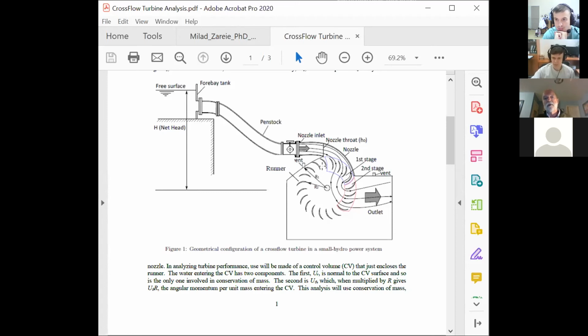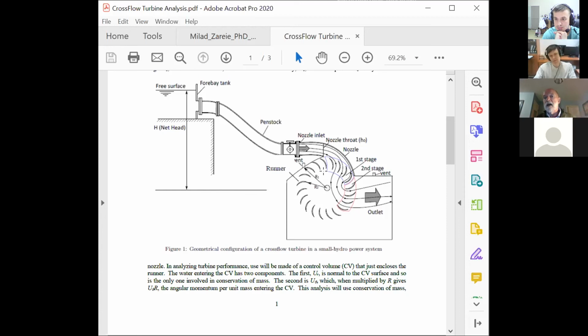Now, this is probably my favorite type of hydro turbine. And the reason that I like it is that it is a very simple turbine to build. These blades are very simple in shape. They're often just circular arcs. Okay? They can be cut out of water pipe, for example.